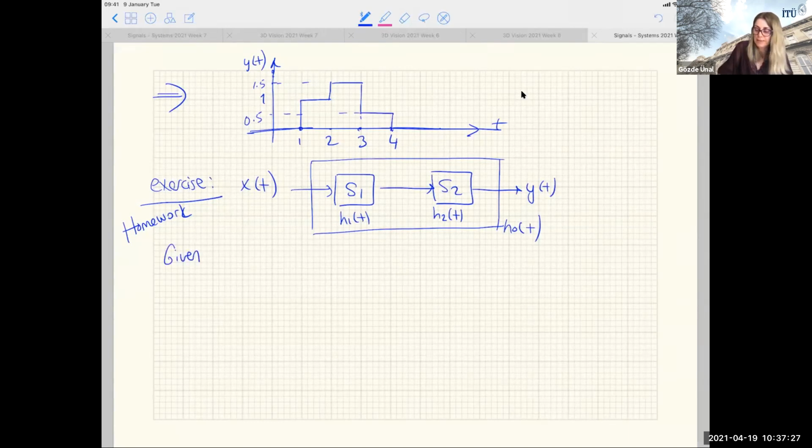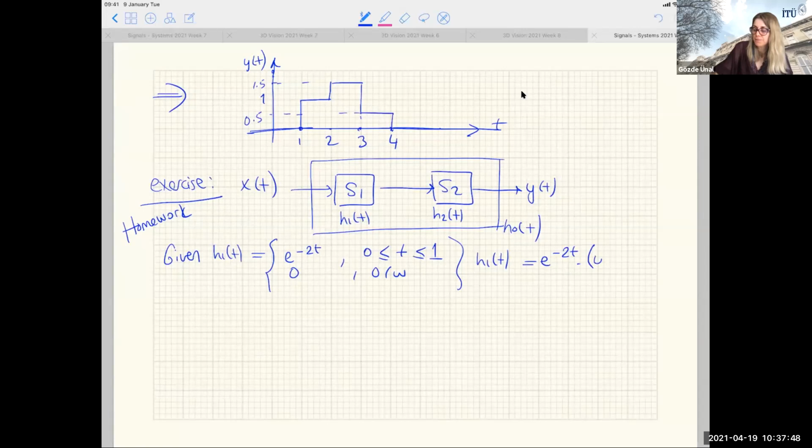And again, I will want you to find the overall response, given H1 of t, which is equal to, a little bit of mathematical manipulation, guys, 1, 0 otherwise. From here, write H1 as, for instance, e to the minus 2t times, just for your easy manipulation, I would write it in this way, right? Does it make sense?